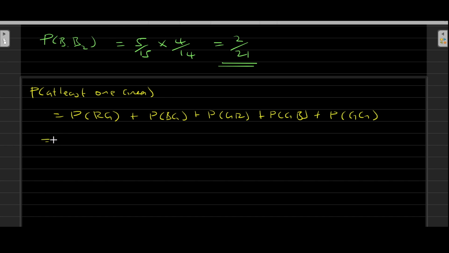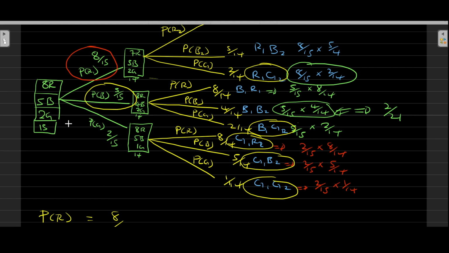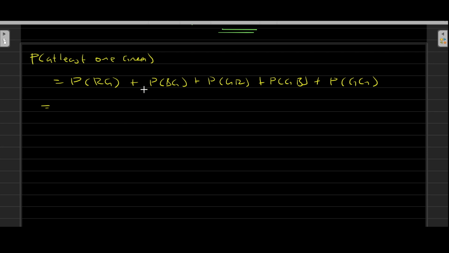Then after we get those probabilities, those values, as you can see here, because we're extracting information from here, green is this one here, blue green is that one there, green red is that one there, blue green is that one there, and then red green is that one there. We're going to get those values, then we substitute them in this expression, which implies that here I'll have red green, it will be 8 out of 15 times 2 out of 14.